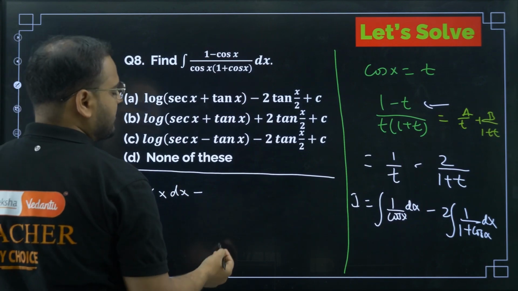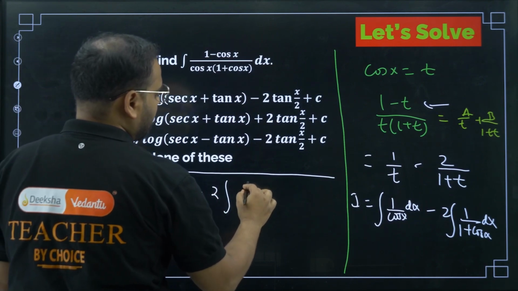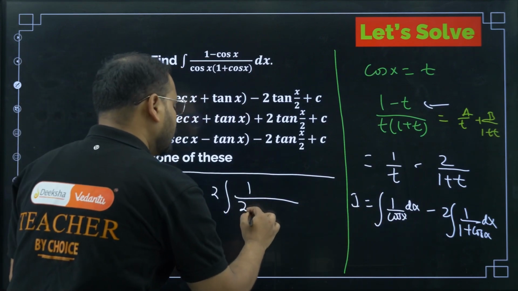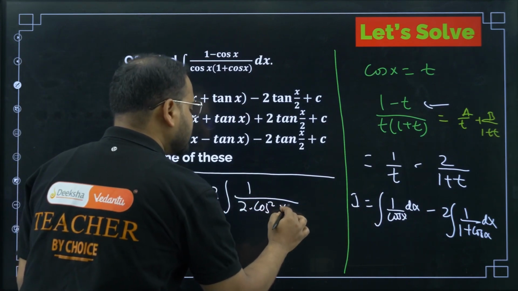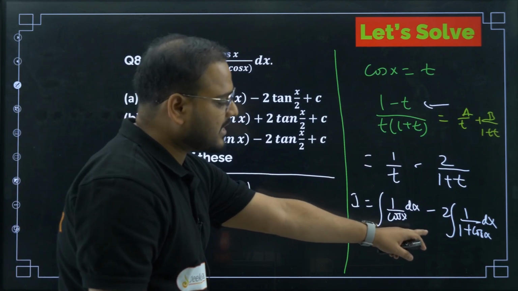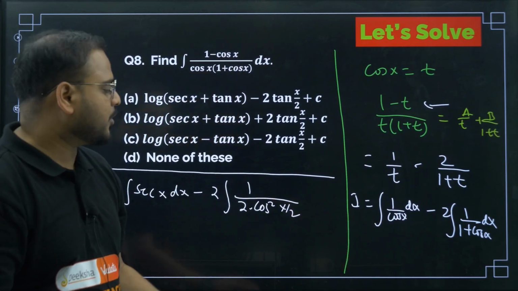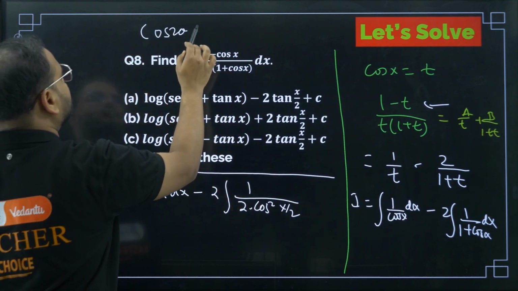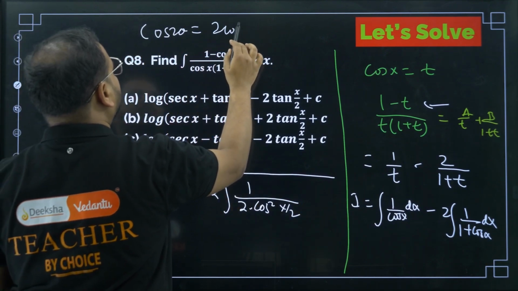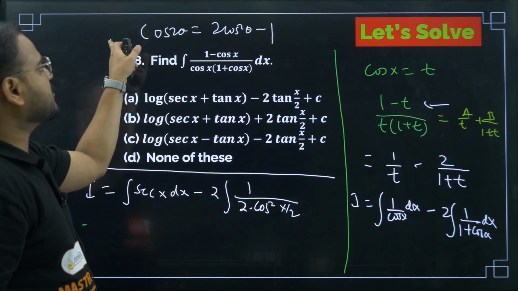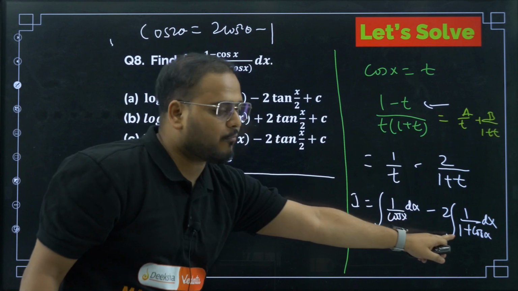And this will become minus 2 times 1 plus cos x, which means 2 cos square x by 2. 1 plus cos x can be written as 2 cos square x by 2, because cos 2 theta is equal to 2 cos square theta minus 1. So bring this 1 over here, it will become 1 plus cos 2 theta. You will get the same form, 1 plus cos x.